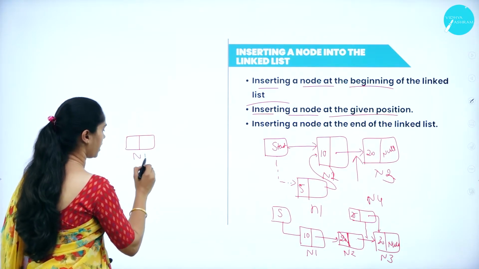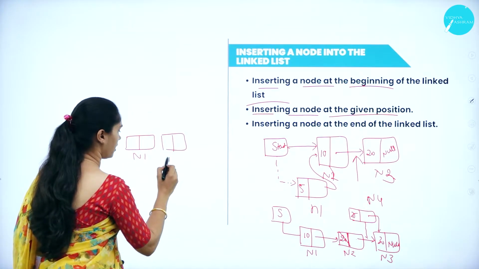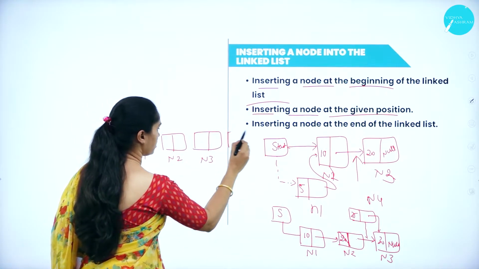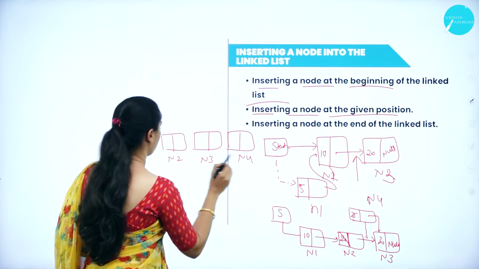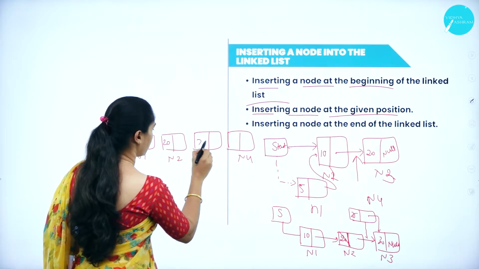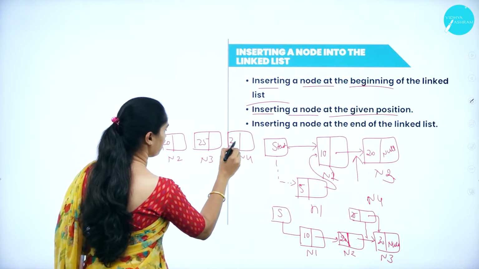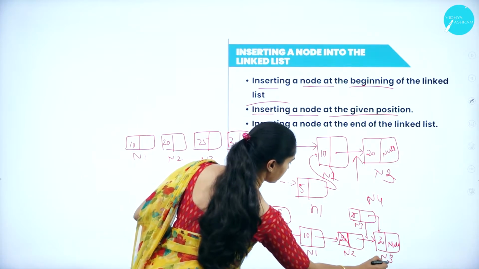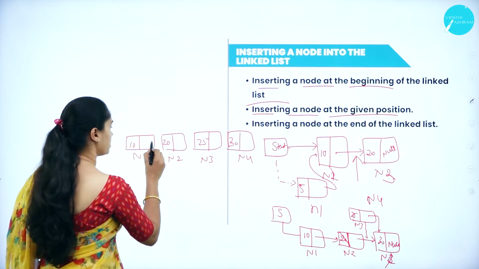This is N1, this is N2, and this will become N3, and another one will become N4. So 10, 20, then it will become 25, and this will become 30. It will be renamed as N3 and it will be renamed as N4 after the insertion.